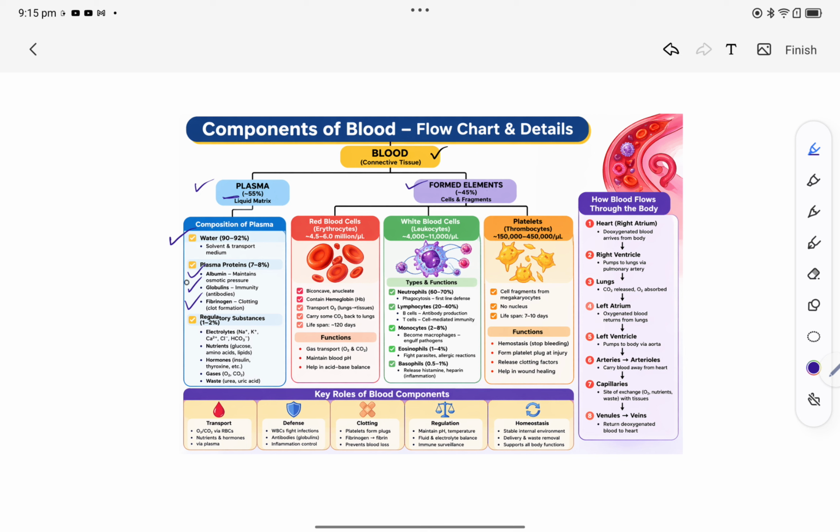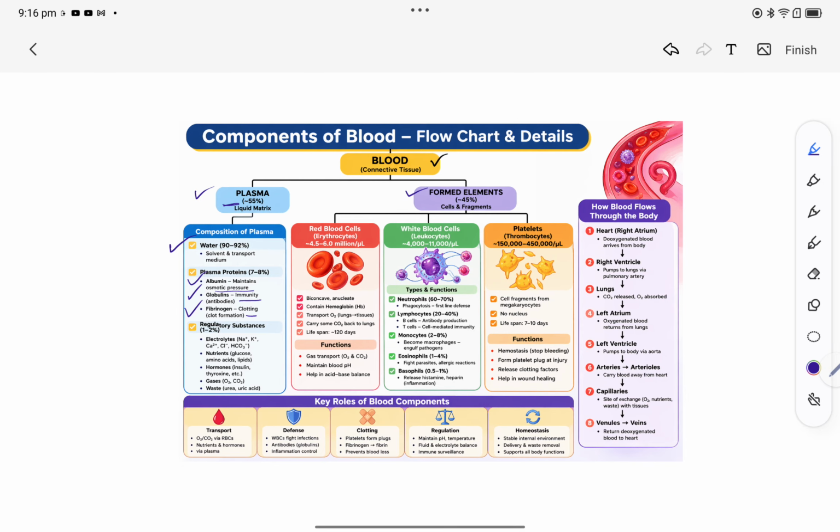Each plasma protein has its own function. Albumin maintains the osmotic pressure, globulin helps in immunity, and fibrinogen, as I have already told you, converts into fibrin, which helps in clotting. Next we have a few more things, that is regulatory substances like electrolytes such as sodium and potassium, and nutrients like glucose, amino acids, hormones, etc.